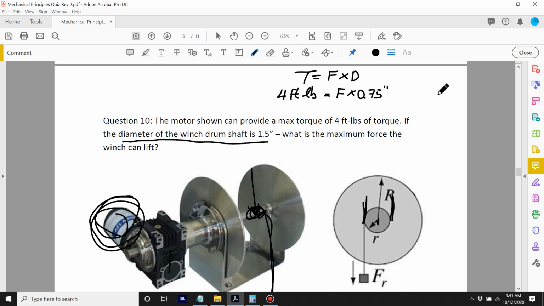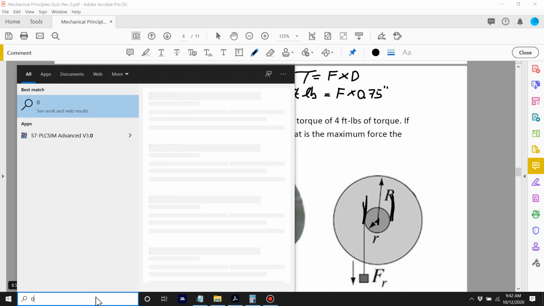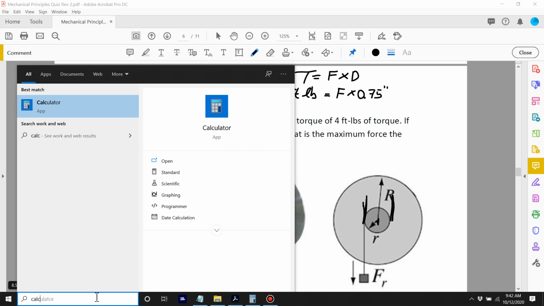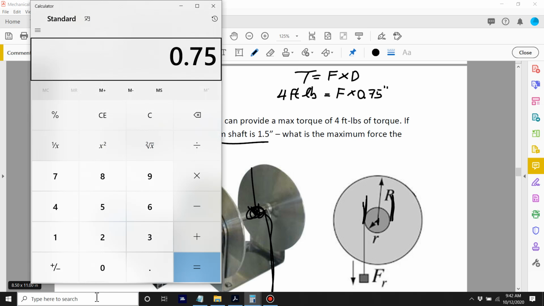0.75 inches. We have to get this in feet. So calculator, it's only 0.75 divided by 12. Let me write that down on a piece of paper. 0.0625 feet.